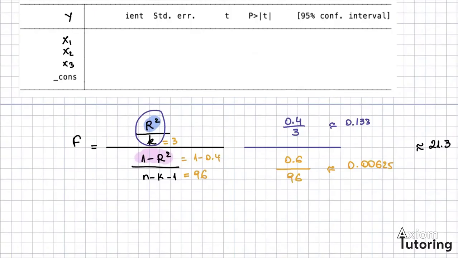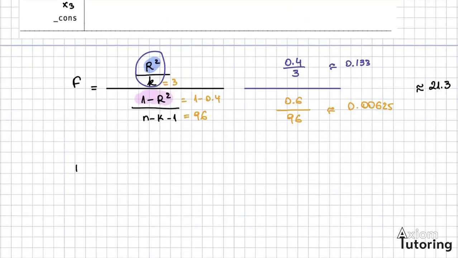Now, we can compare this F statistic to the critical value from the F table, which we already had as 2.696 for the 5%, and we took 100 as the approximation because we didn't have the 96 exactly.